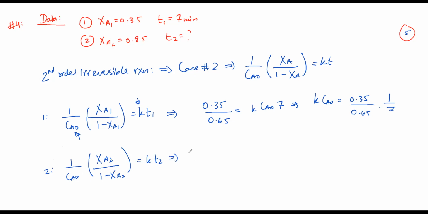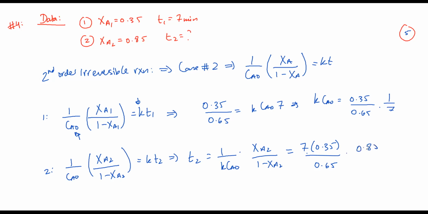I'm going to rearrange it, so you have T2 is equal to 1 over K Ca naught multiplied by XA2 over 1 minus XA2. And it's just a straight substitution. So this is equal to 0.35 over 0.65. This is 1 over K Ca naught here. Multiplied by XA2, which is what? 0.85 divided by 1 minus XA2.